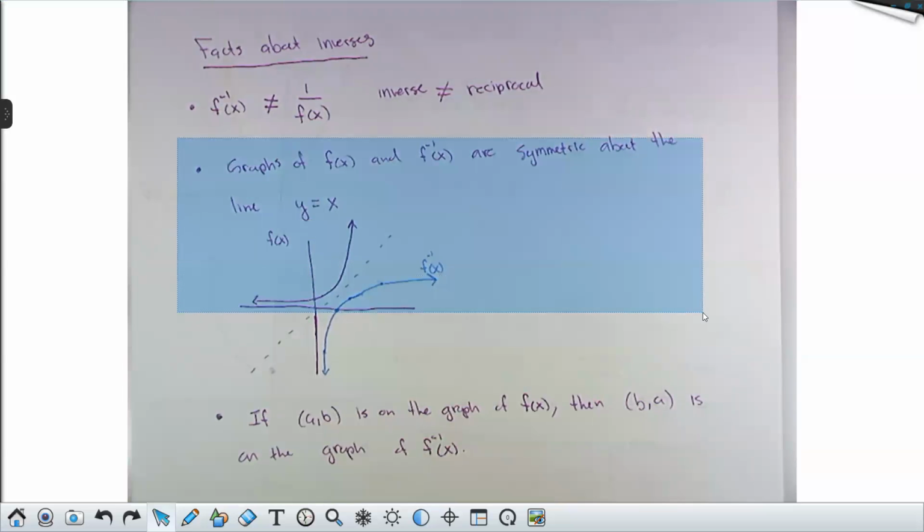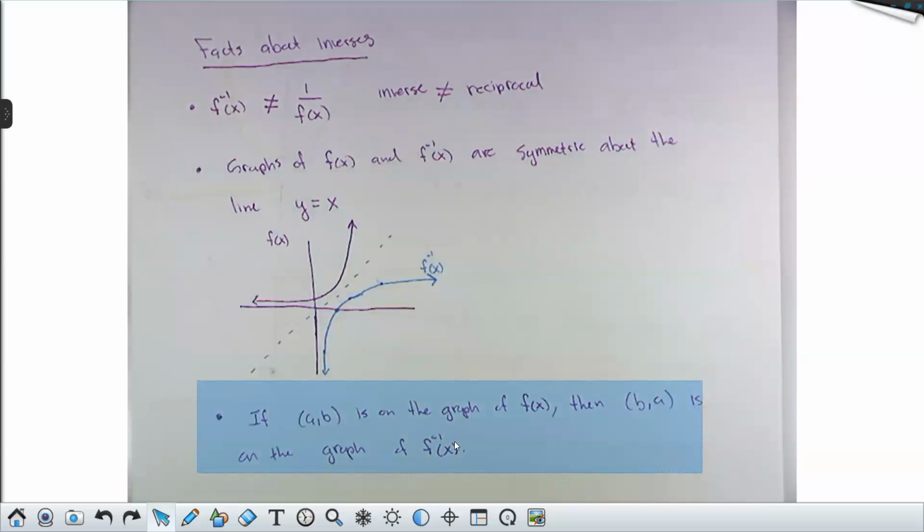These two statements, the symmetry statement and this statement, are actually equivalent to one another.